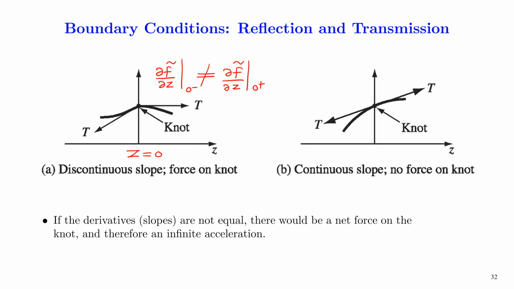From this representation, we can see that the slope at 0 minus is not equal to the slope at 0 plus. The discontinuous slope would indicate that there would be a net force on the knot and therefore an infinite acceleration. Whereas in the second figure, you can see that the slope is continuous and there will be no net force on the knot.